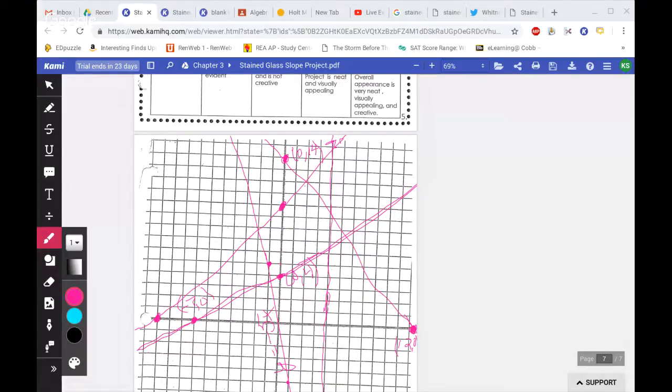So I think I finished. Oh, never mind. I think I finished all my graphs, but now I have to label them, right? Yes, ma'am. Would you prefer me labeling it with like a pen? Whatever you feel like you can write with the neatest. Are you going to remember which lines are what?